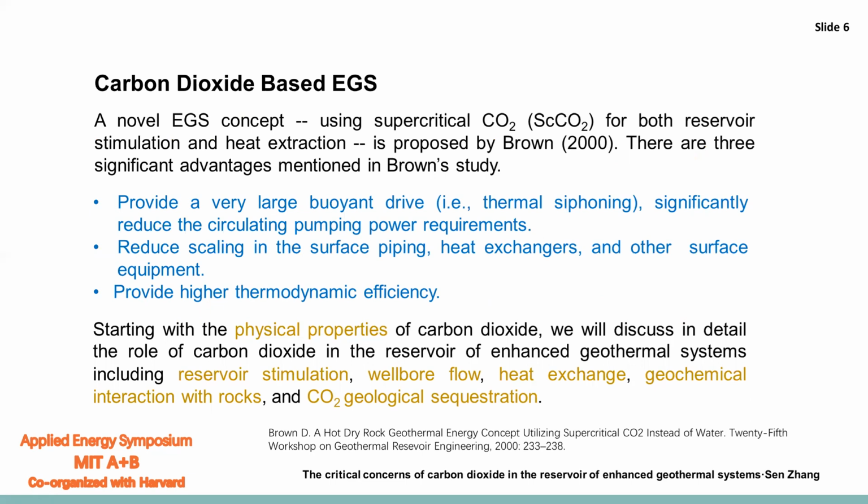Brown mentioned three significant advantages for the CO2 EGS. The first is to provide a very large buoyant drive, so significantly reducing the circulation pumping power requirement. Also, it reduces the scaling in the surface piping and other equipment, and also provides a higher thermodynamic efficiency.